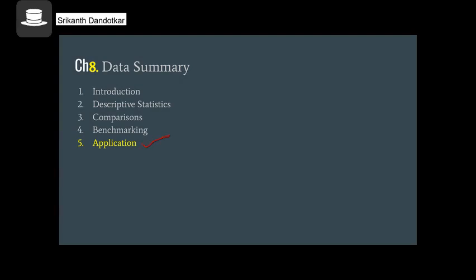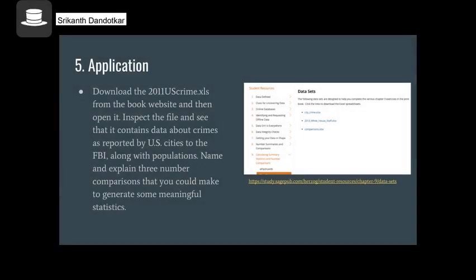In the next slide, I'll give you details of the practice exercise, which is optional. For this optional practice exercise, download this particular Excel file from this link specific to chapter 9, then open it and inspect the file.